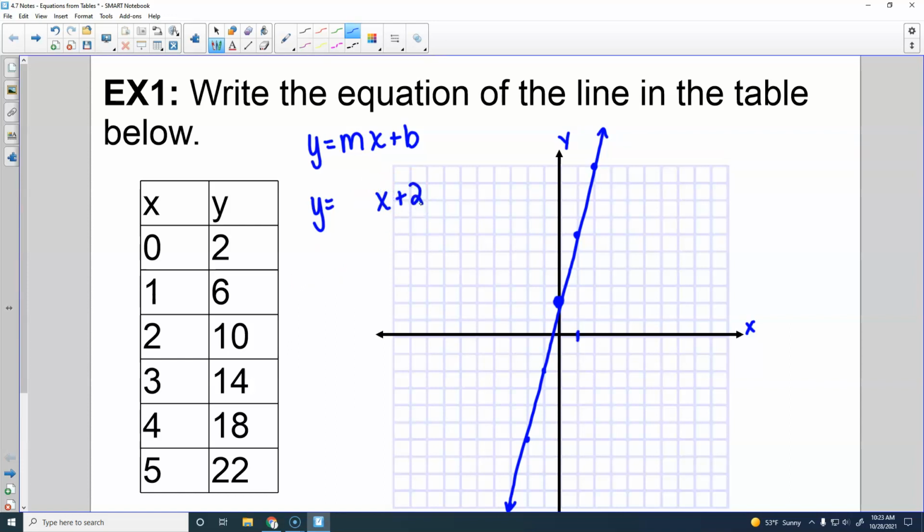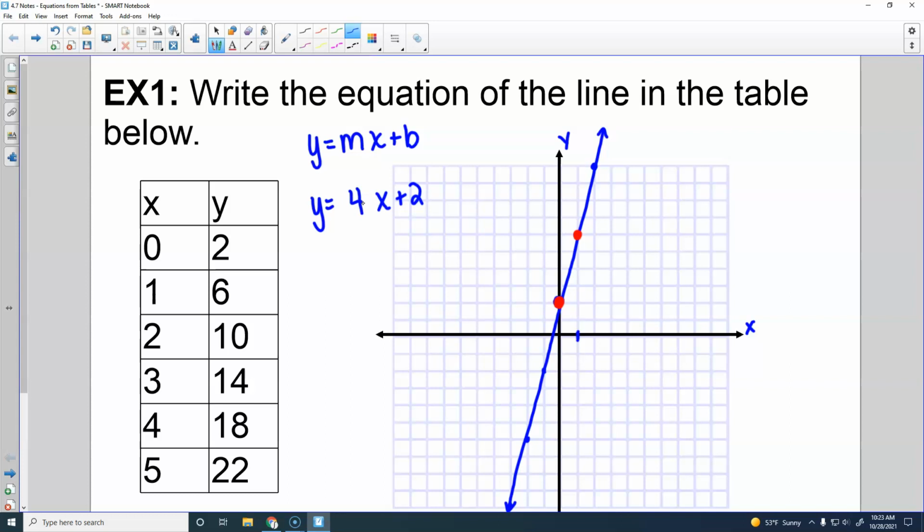The 1 over 6 is not going to be correct. So whenever we're doing that slope, we're starting at one point and going to the next on the line. So how many do you go up or down here? 4, and then over 1, right? So it's just going to be 4. You can write 4 over 1 if you want, but 4 over 1 is just 4.